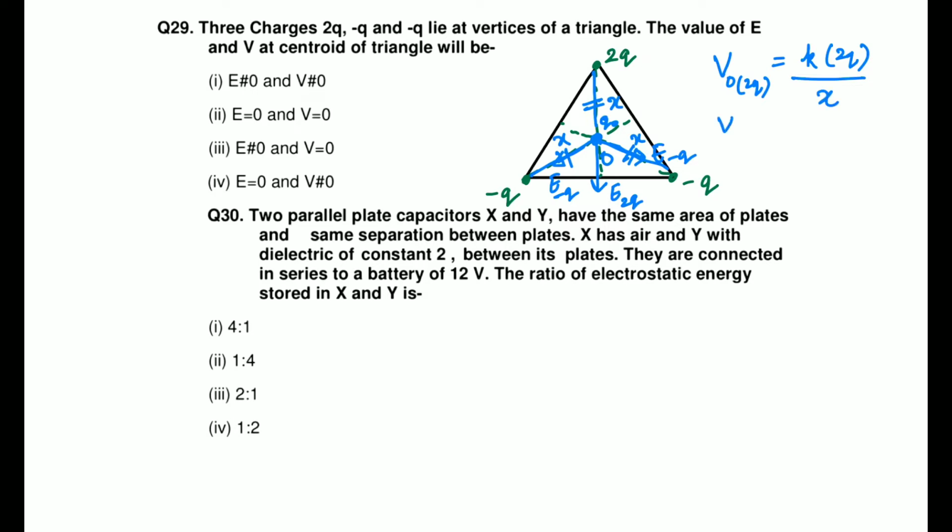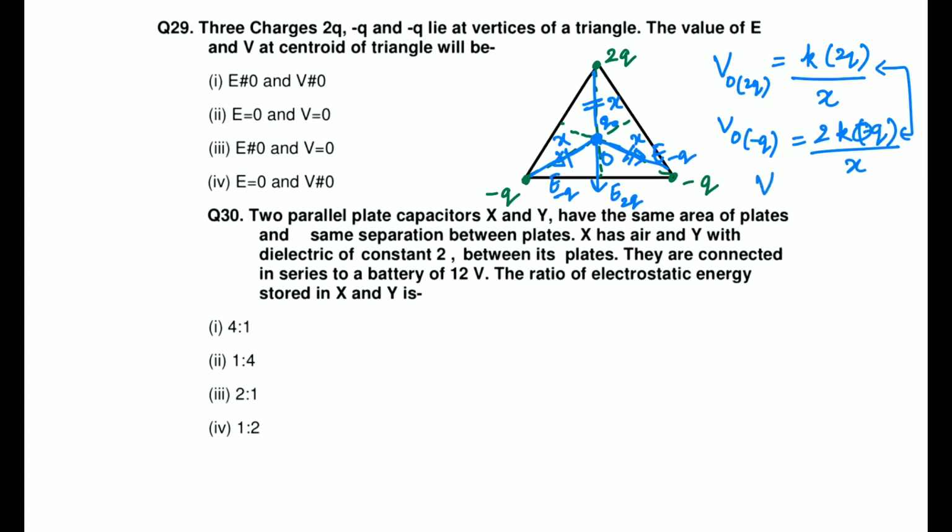Okay, the potential at O because of the minus q charges, I'll just simply double it so that you guys can get the exact value. You don't have to do it 2 times. I'll just simply double it, right? So this is actually 2 times k times minus q upon x, right? And the final will be simply equal to the addition of both. And can you guys see these two are equal but with a negative sign?